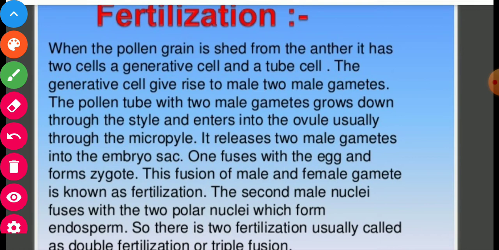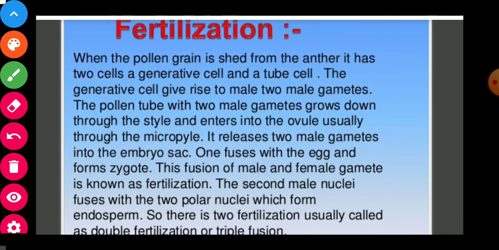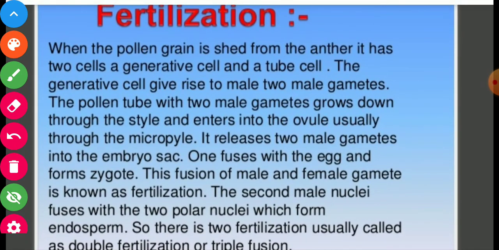In fertilization, the female gamete and male gamete fuse and form a zygote, but in angiosperms 2 male gametes are involved: one fuses with the egg cell and one with the polar nuclei. So 2 polar nuclei are there, and the male gamete nucleus fuses with the polar nuclei.